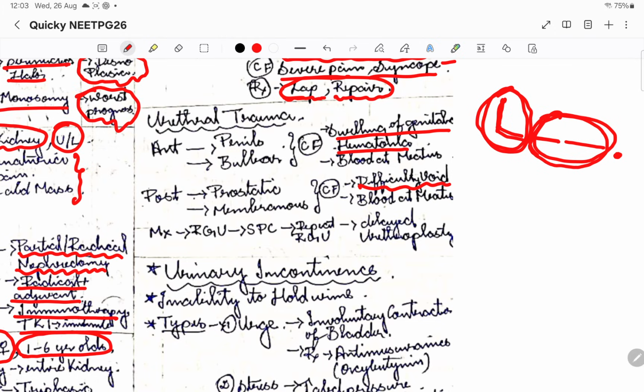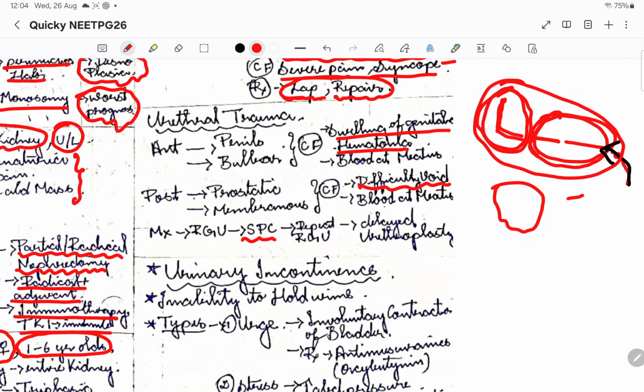The management is, as I told you, retrograde urethrogram is done under scopy, and we'll see where exactly the leakage is, and then we'll do a suprapubic cystotomy, because here we cannot allow the urine to go, so we'll have to protect the bladder also.